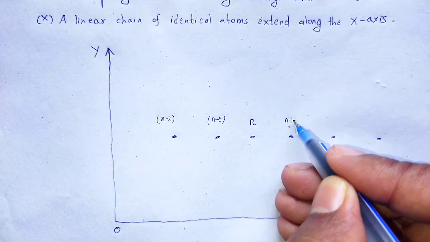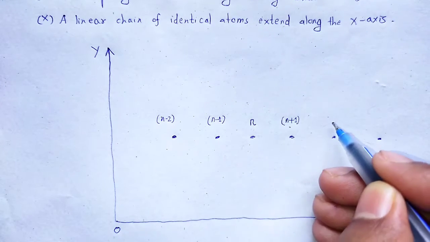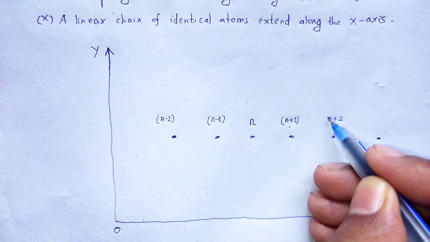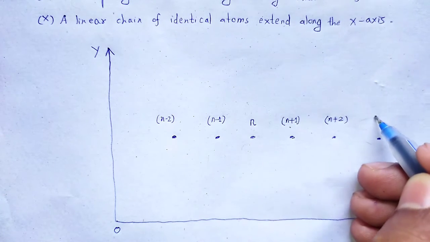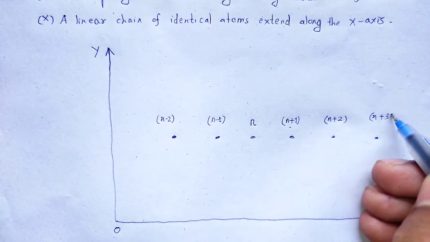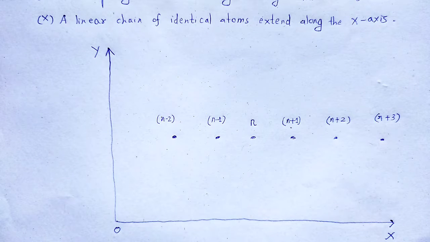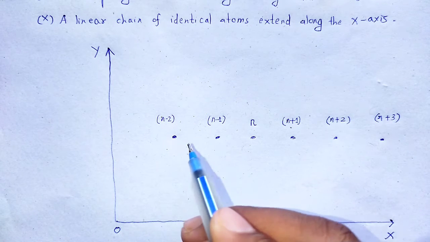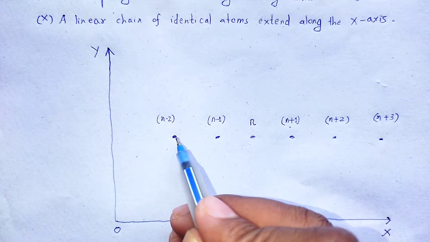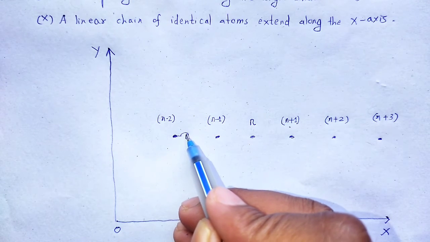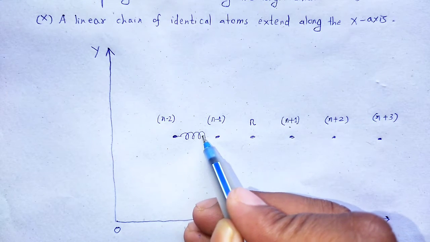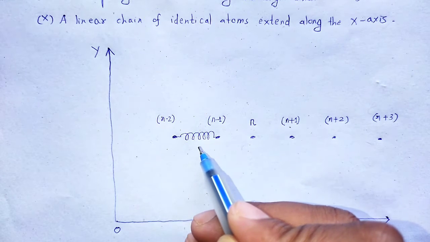Again there will be the n plus 1th atom, the n plus 2th atom, and so on, n plus 3th atom. These atoms are interconnected with each other with a spring having the spring constant alpha.